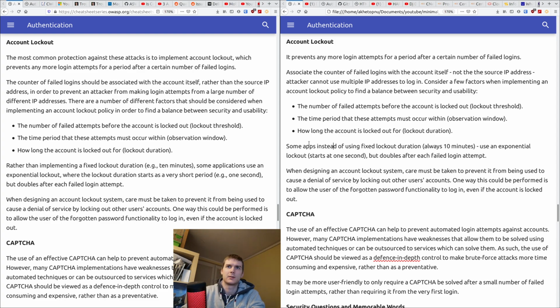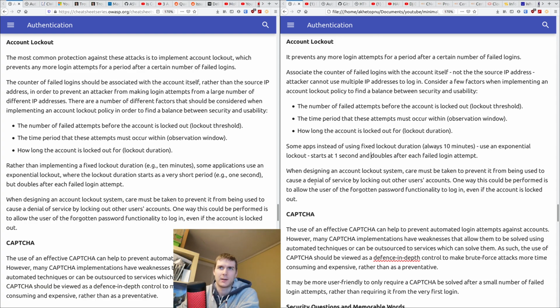It starts at 1 second and doubles after each failed login attempt. So 1 second, 2, 4, 8, and so on.